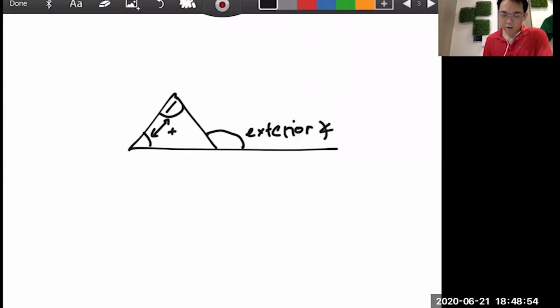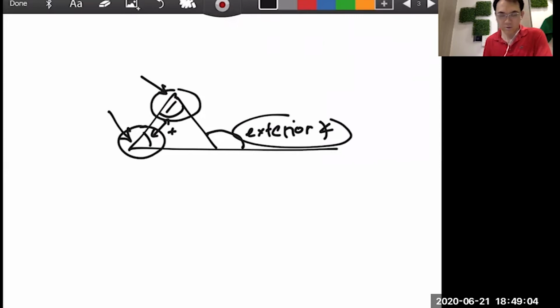All right, so there are two interior angles, and to find one of them, we will take the exterior and subtract the interior to get the other interior. So there are two ways to do that, okay? You can either take the two interiors, add it together to form the exterior, or you can take the exterior, subtract one of the interiors to get the other interior angle. And that is precisely what we're going to do.